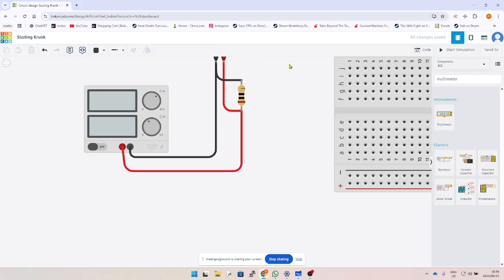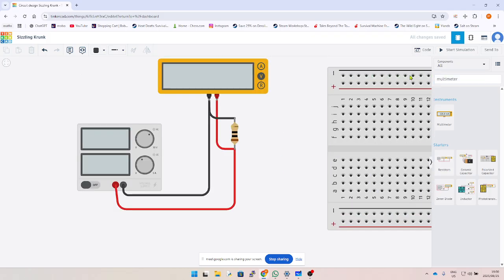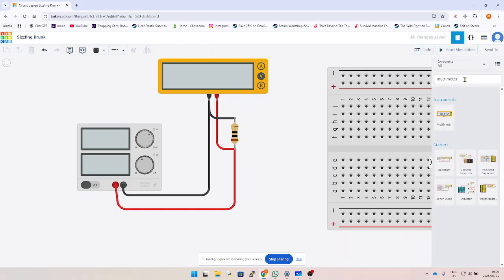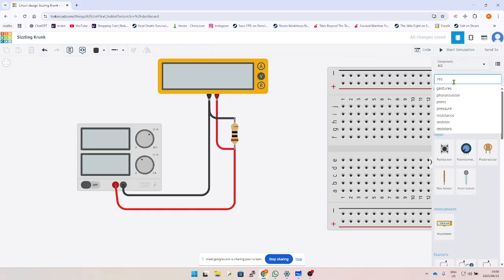If I build a simple circuit here with two resistors, it doesn't matter where I take the voltage from, it will be the same. So you see, this is a much stronger resistor, a 1 kilo ohm resistor, and this is wired in parallel.